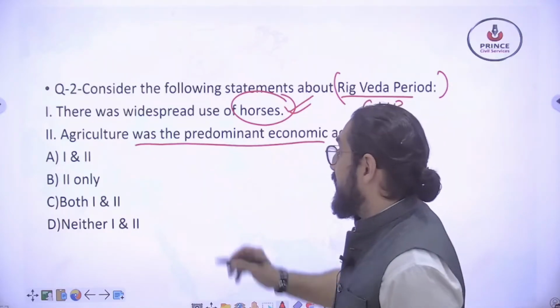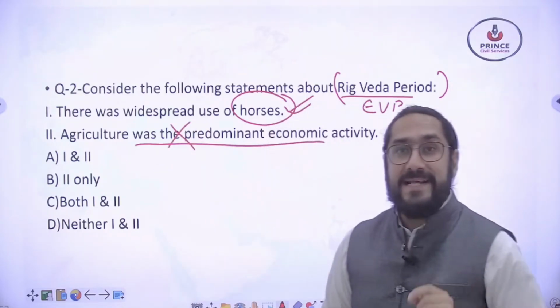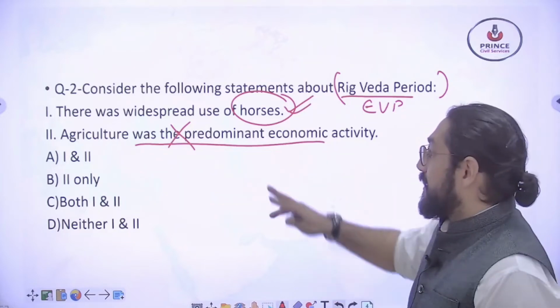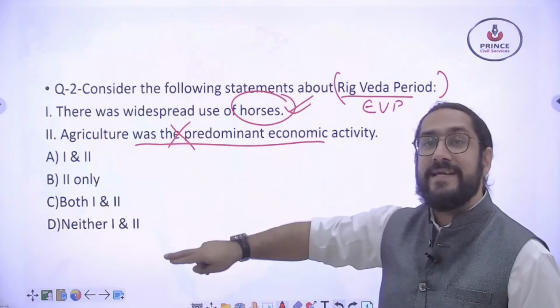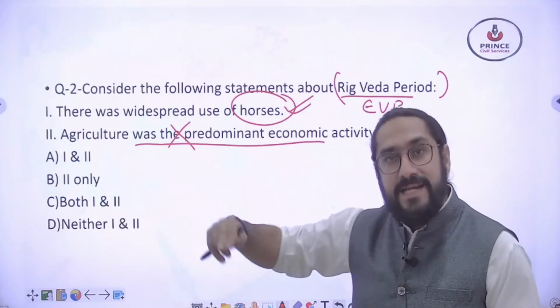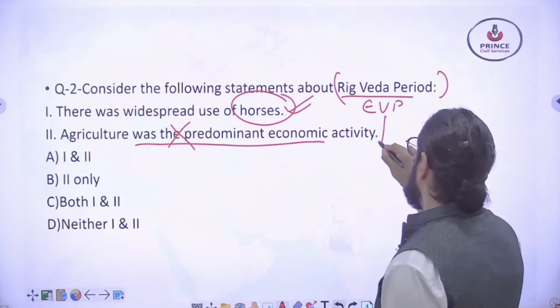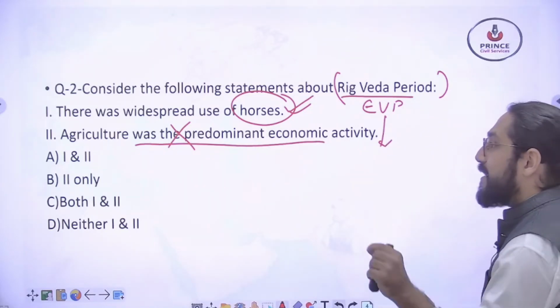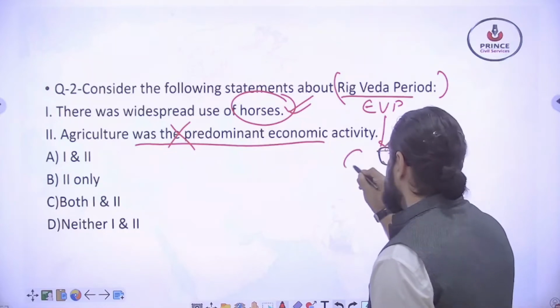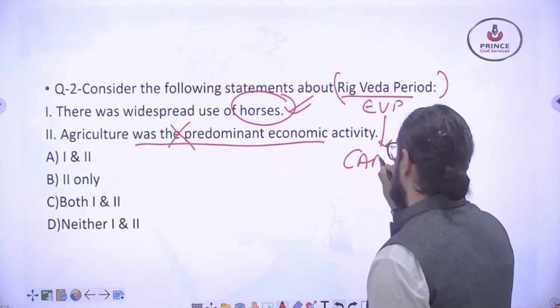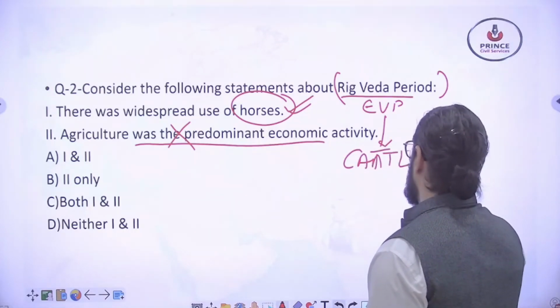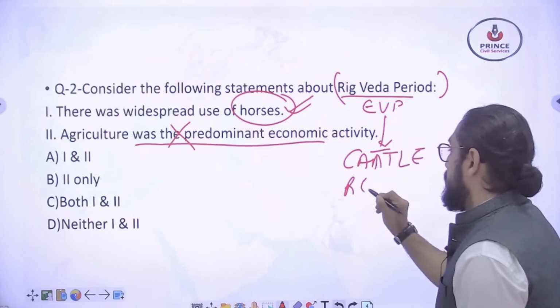This statement is wrong. Why? Because if the question were regarding the later Vedic period, it would have been right, but in the early Vedic period, the primary activity was cattle rearing.